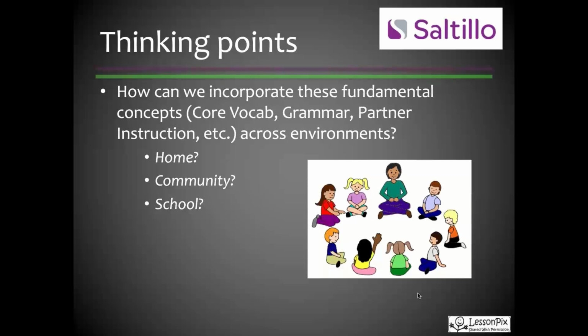They may do really well with us in a shared storybook reading in therapy. But what happens when they go home? What happens when they're in the community? If I'm working with an adolescent in a supported employment program, what are they going to do there? How can we take these same types of concepts and help them bridge?